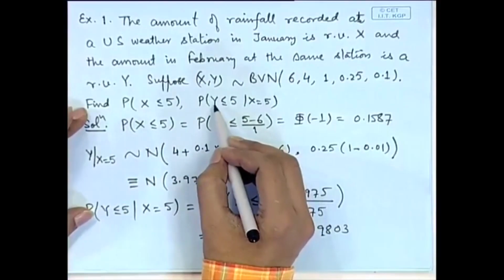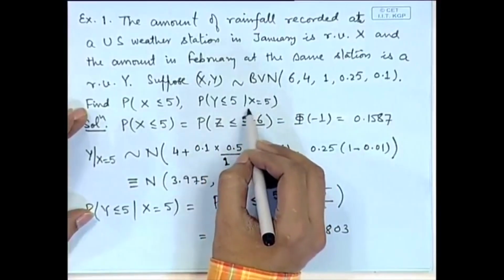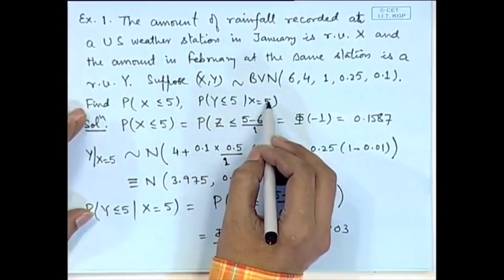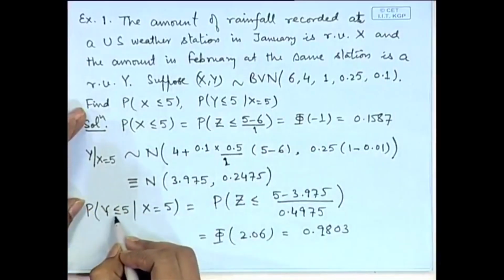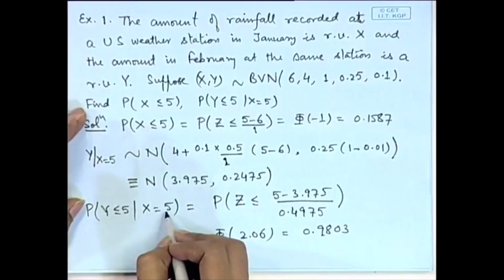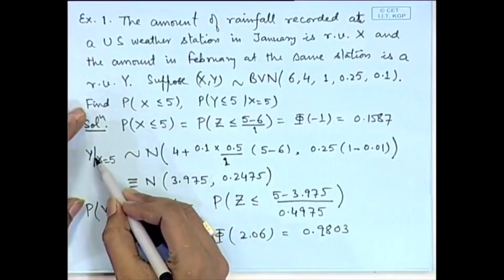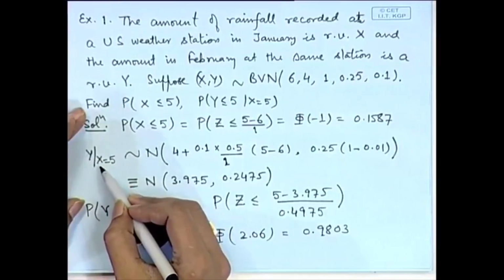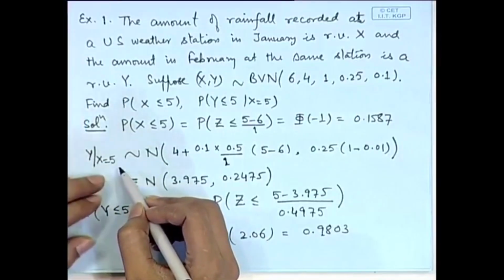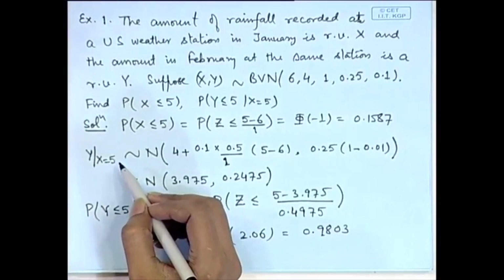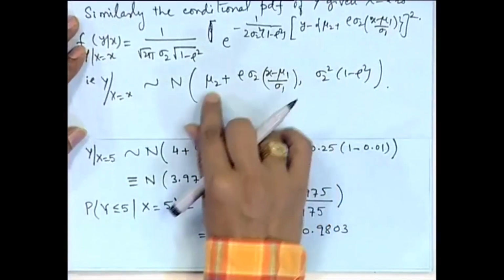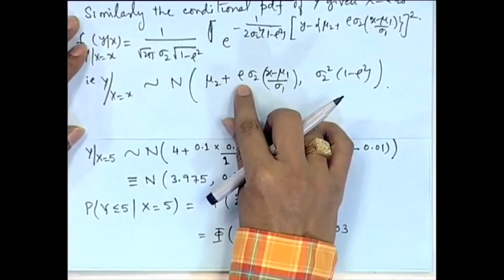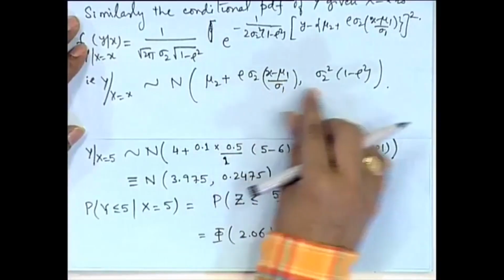Suppose we are interested in the probability of y less than or equal to 5, given that in January the rainfall is 5. So, we need the conditional probability of y less than or equal to 5 given x equal to 5. For this, we first calculate the conditional distribution of y given x equal to 5. Making use of the conditional distribution of y given x, which is normal with mean mu 2 plus rho sigma 2 (x minus mu 1) by sigma 1.